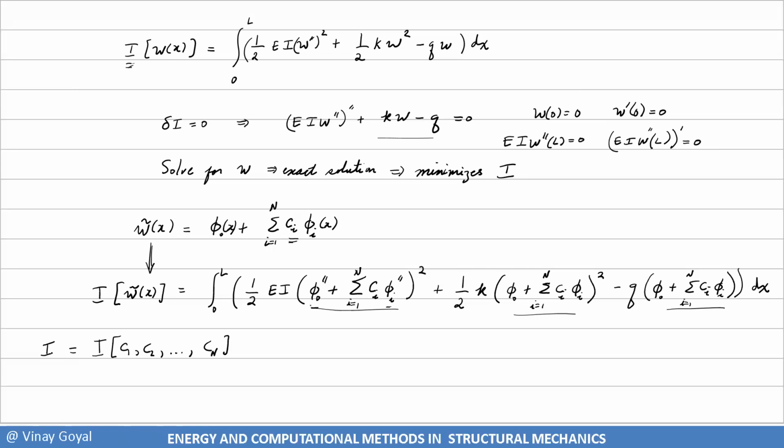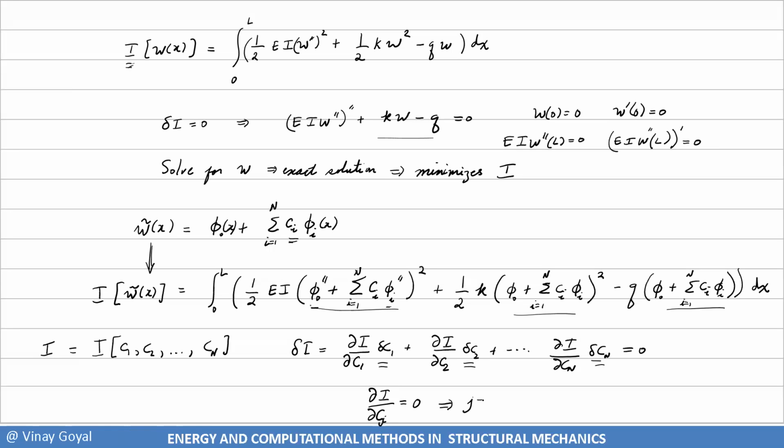So therefore, the first variation of I then becomes just the partial of I with respect to the coefficient C1, delta C1, plus the partial of I with respect to C2, delta C2, plus so on, until the partial of I with respect to Cn, delta Cn equals 0. Therefore, for any variations delta C1, delta C2, delta Cn, the partial of I with respect to Cj equals 0 for j equals 1, 2, up to n.